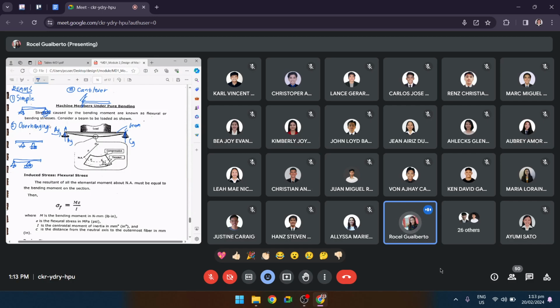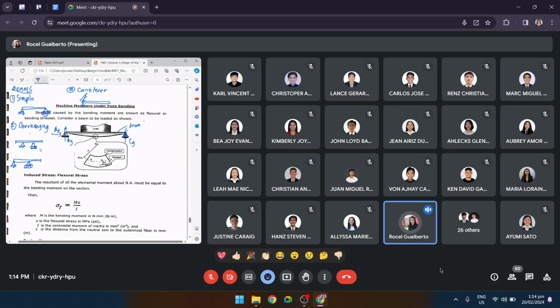These three are what we call statically determinate beams. Again, we call these three statically determinate beams, meaning you can find the values of the reactions on supports through your equations of equilibrium.